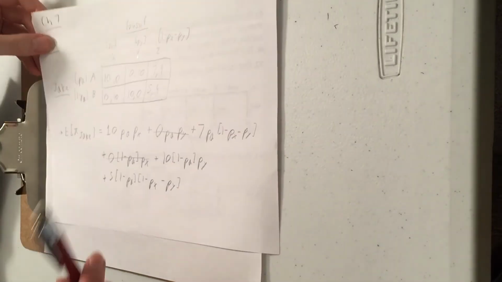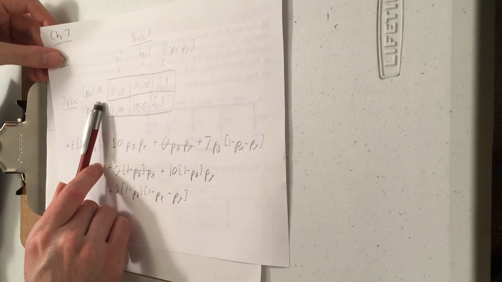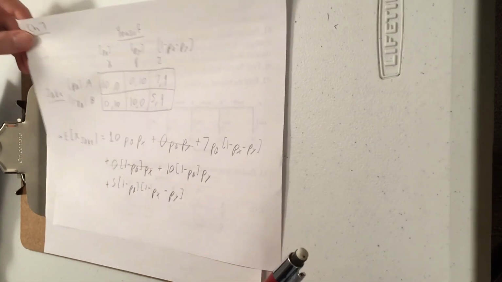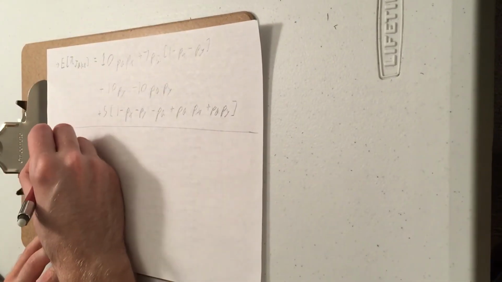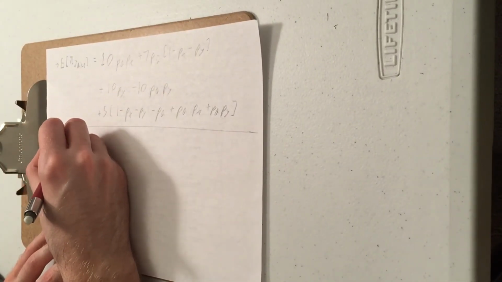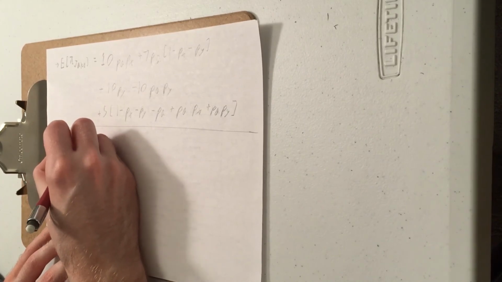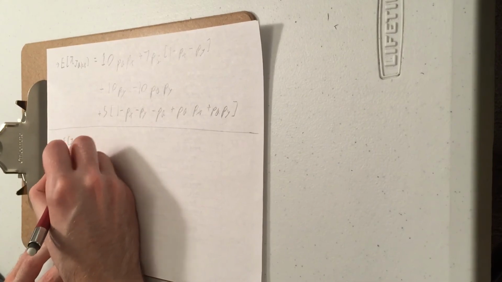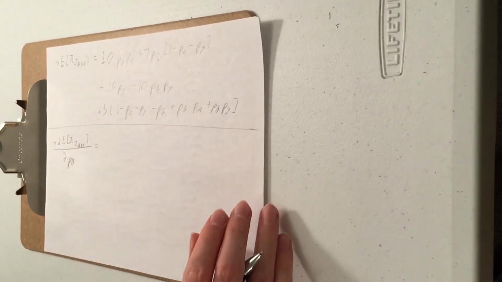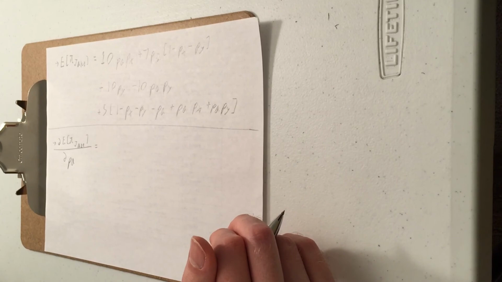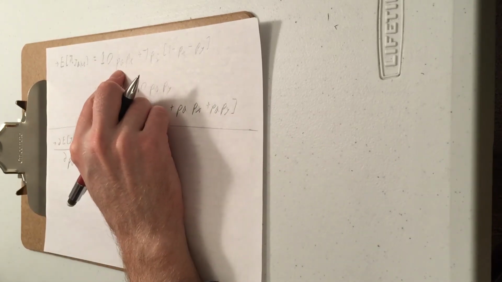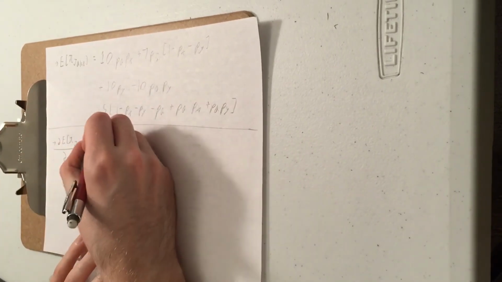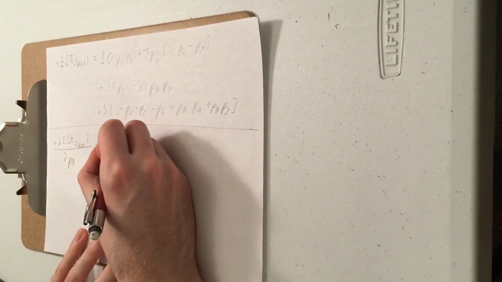Now Jake controls PA, so I'll take the partial derivative with respect to PA. So what does that give us? So you have PA here, but it's multiplied by a 10 and a PX. That partial derivative will be 10 times PX.